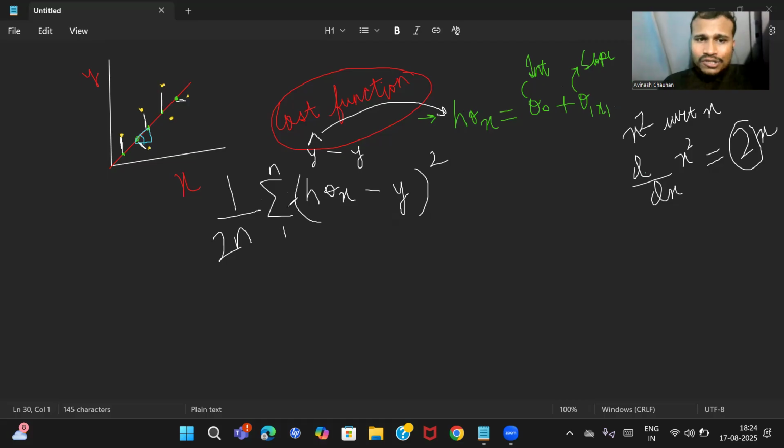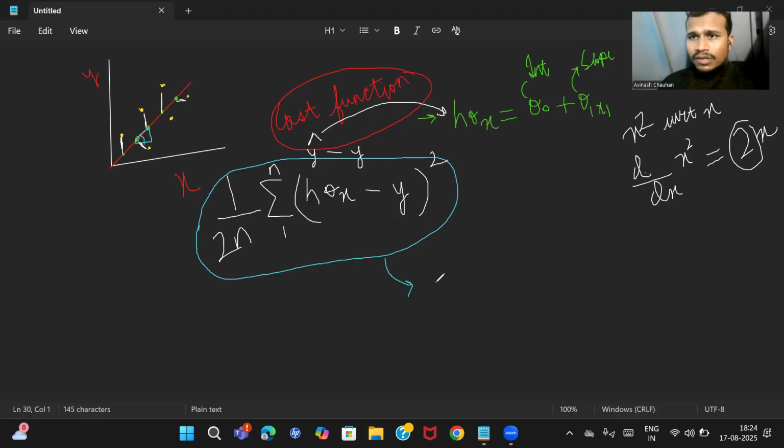So you can again understand that this function which we have calculated, this total term, I will circle this total term, this whole thing is known as the cost function.